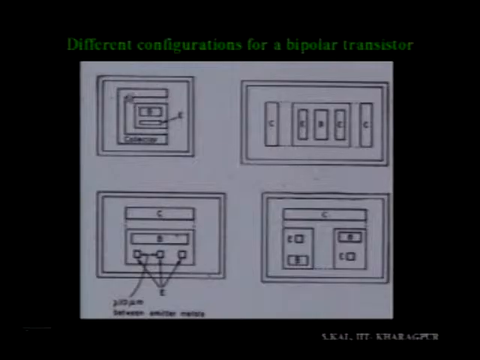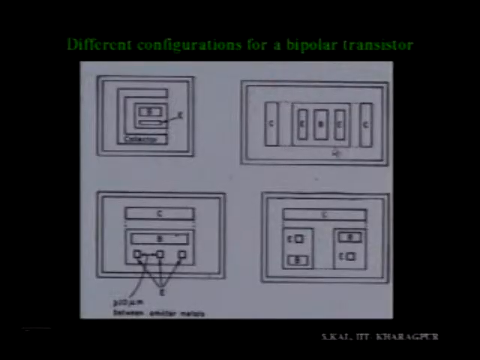You can take the interconnect lines from the collector, either this or this. Freedom is there. Now, if you concentrate on this figure, you see there are 2 deep collectors, 2 emitters, and 1 base contact. Sometimes, to have better performance of the transistors, 2 emitters are made, and these 2 emitters are joined together here in a metal line, and 1 emitter contact is taken here.